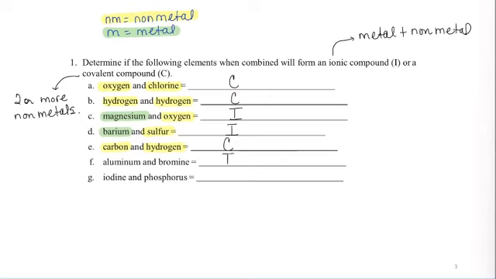Excellent. This is going to make an ionic compound because bromine is a non-metal, aluminum is a metal. Lastly, iodine and phosphorus. Excellent job. We're talking about two things that are non-metals, and that's why they make a covalent compound.